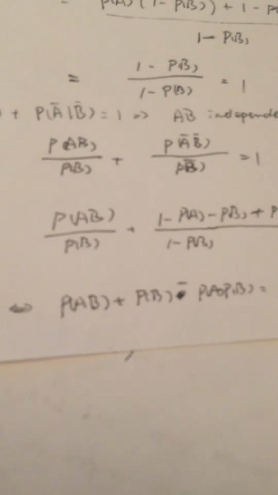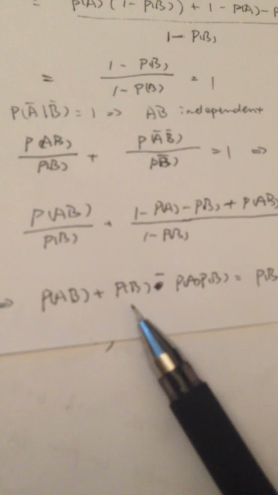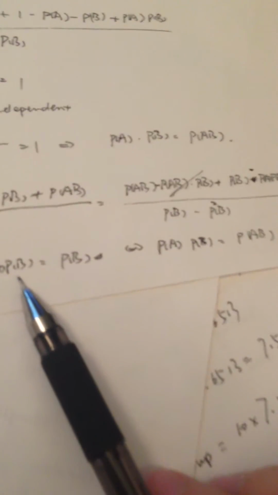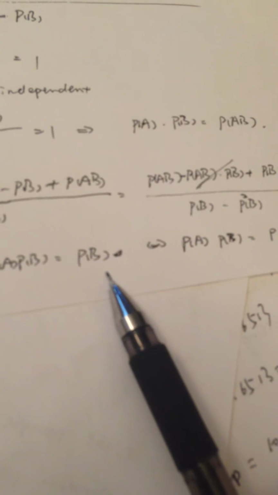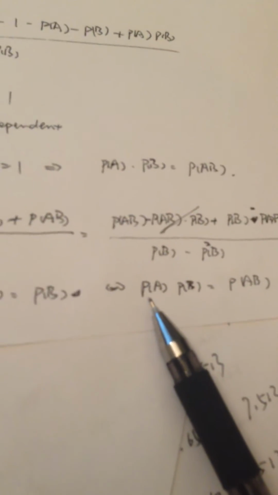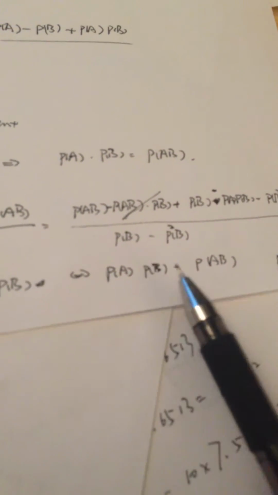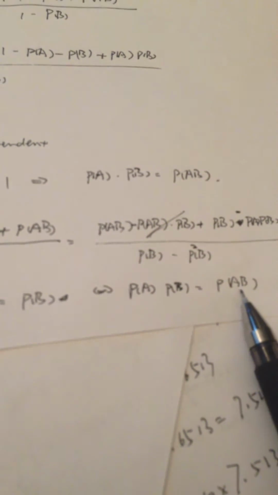These two parts cancel, and it's all about the calculation again. The probability of A and B, added with the probability of B minus the probability of A and B, times the probability of A times the probability of B, equals the probability of B. We can then see that the probability of A times the probability of B equals the probability of A and B. So I guess both parts of this question are proved.